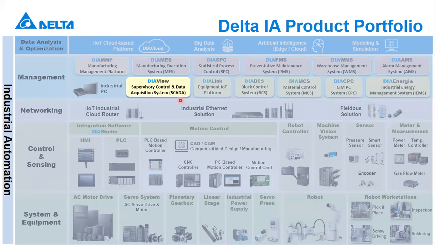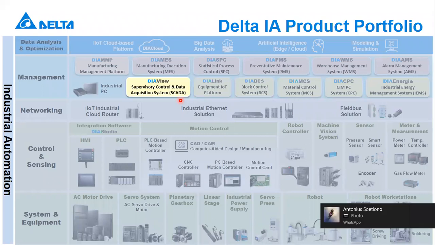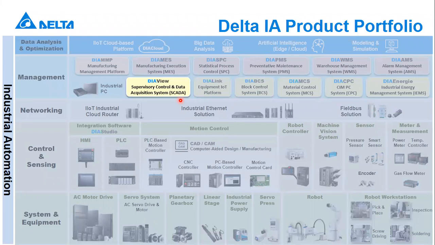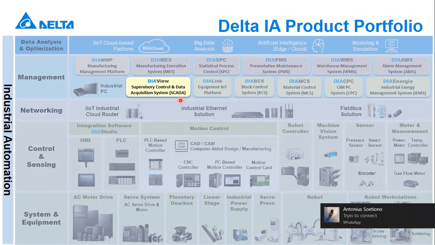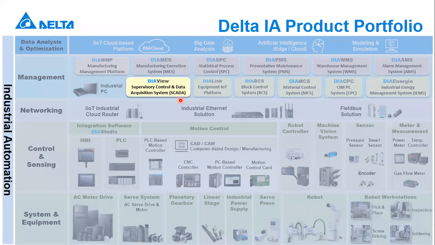Because if you run a whole factory, there are many things from the production, from the machines, from the quality. So SCADA software is the central monitoring system. I think this is the most important function.